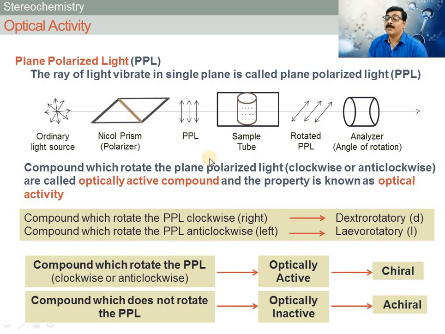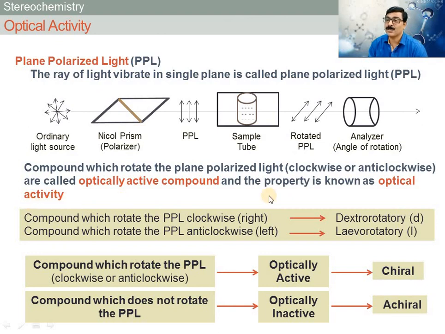Means the compound or sample which rotates the plane polarized light clockwise or anti-clockwise is called an optically active compound, and the property is called optical activity.